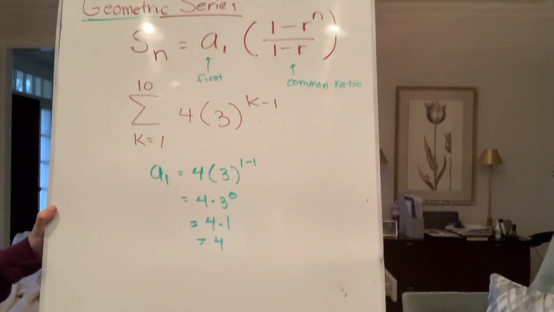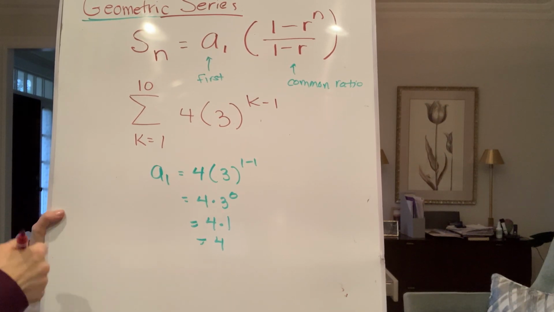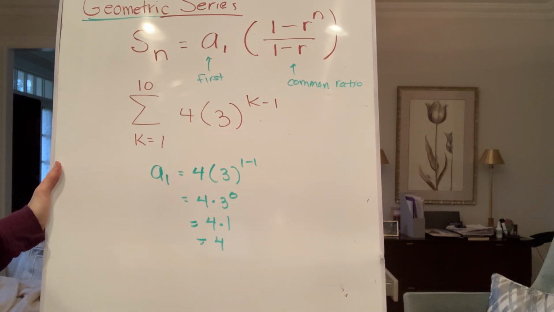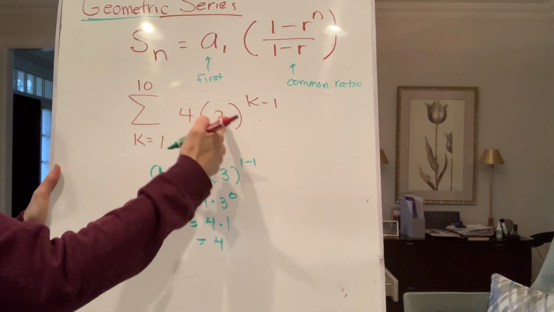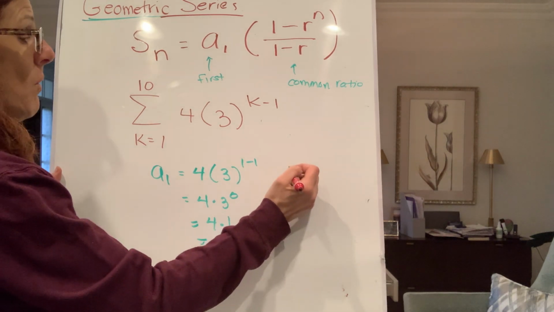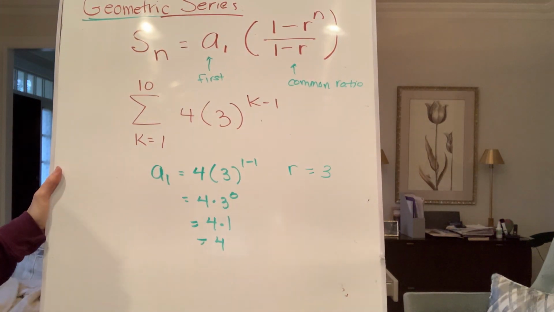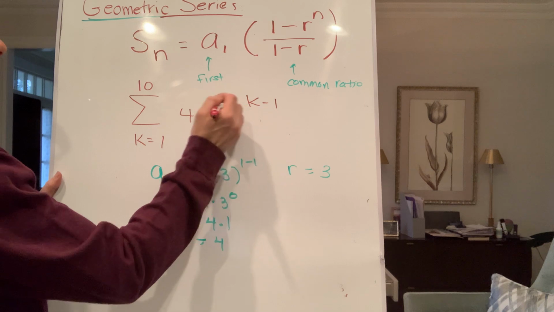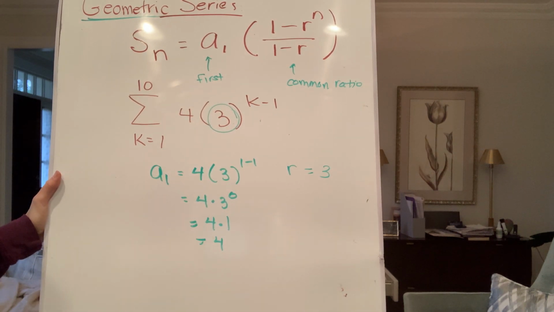So my first term is 4. I'm going to teach you 2 ways to find r. One is a shortcut: the thing in parentheses raised to the k minus 1 power is always r from our formula. So here I know r is 3. Another way is to find a sub 2 and then take the ratio of a sub 2 to a sub 1, and then I would have the common ratio as well. But we're going to use the shortcut.